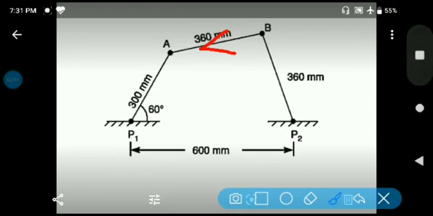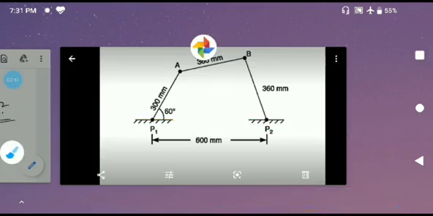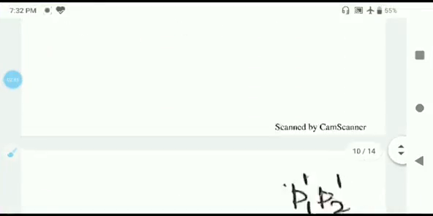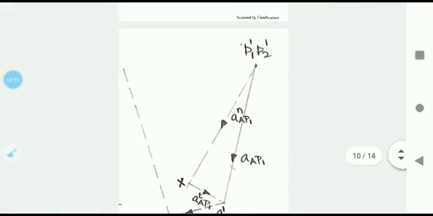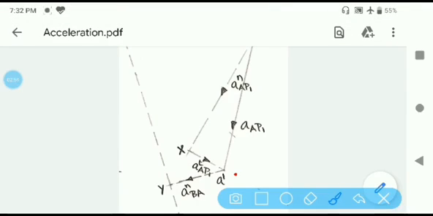Okay, so what you do is, in the acceleration diagram, from point A prime, you draw a line parallel to link BA downwards.